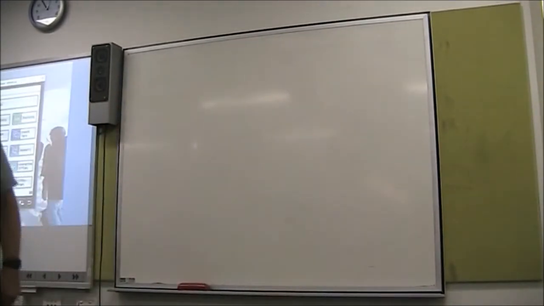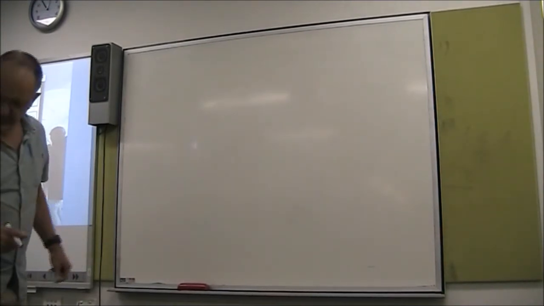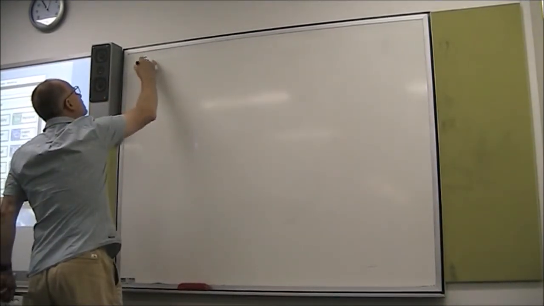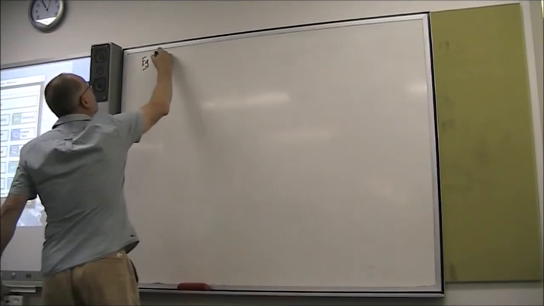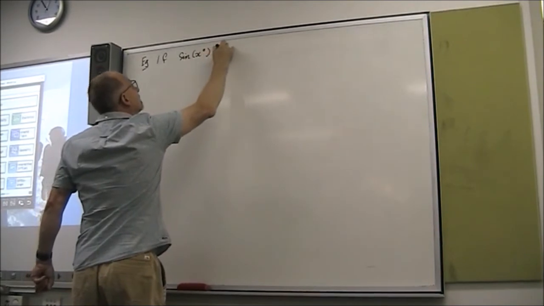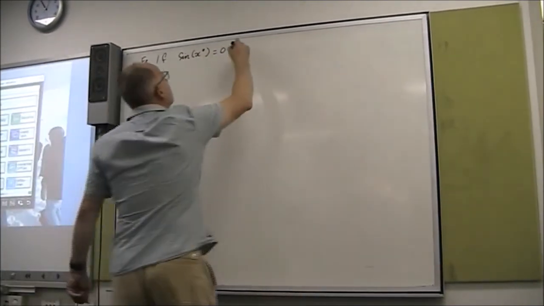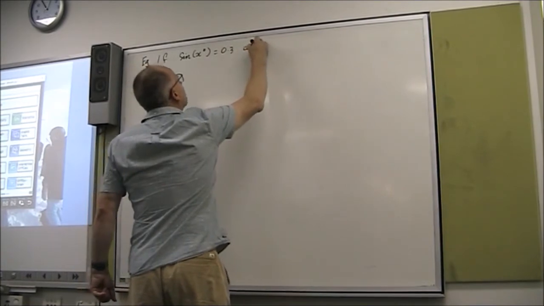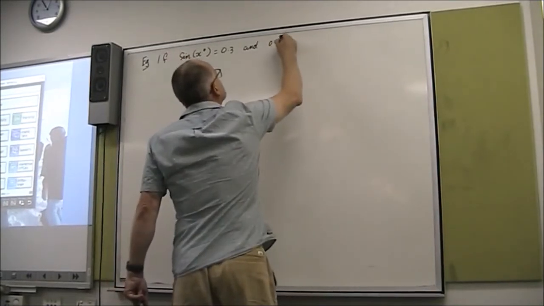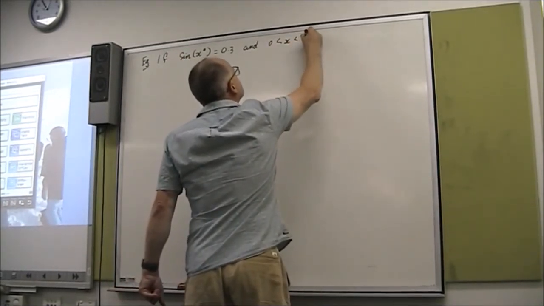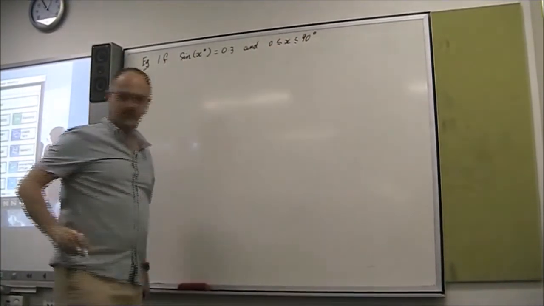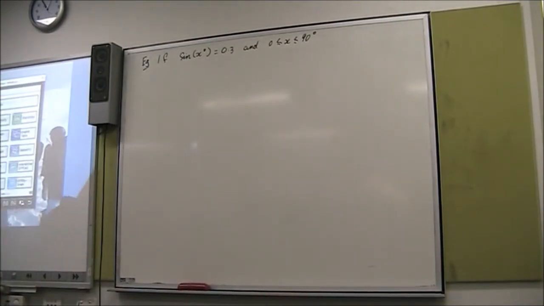All right, let's do a couple of examples of this. So we can use these sorts of things when you're told, say, that sine of x degrees is equal to 0.3 and x is between 0 and 90.